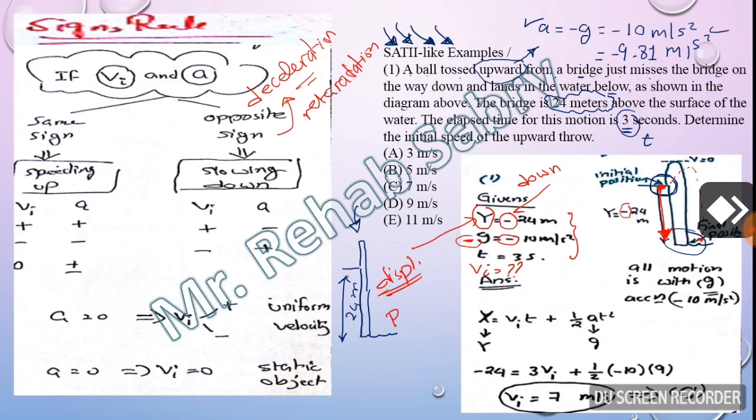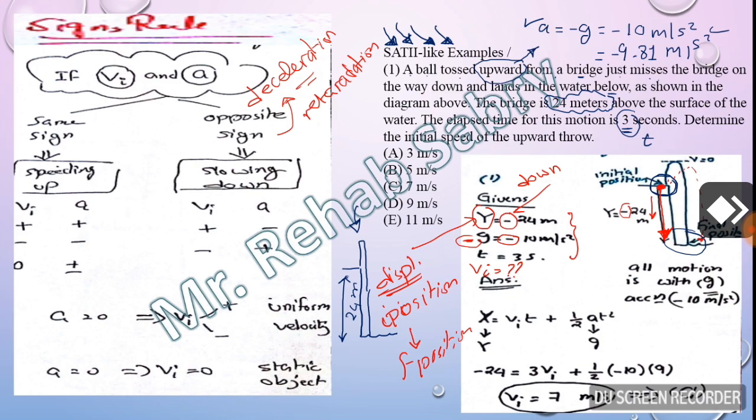Displacement is the straight length from the initial position to the final position, regardless of the real path of the object. The object here moves in a curved path, up, then down, but the displacement will be directly down. You get the idea? I hope so.